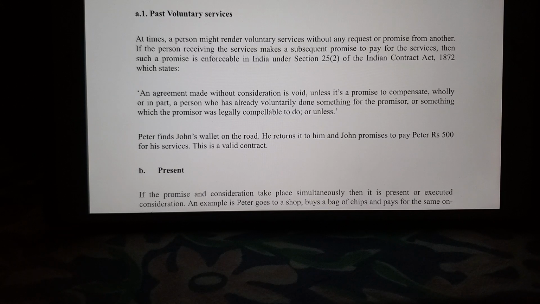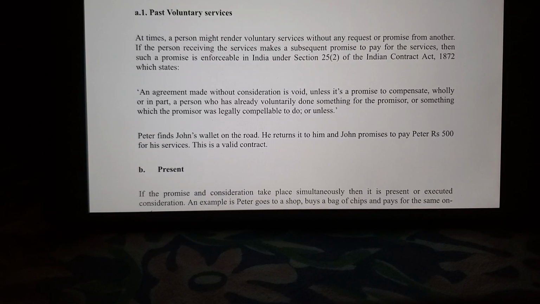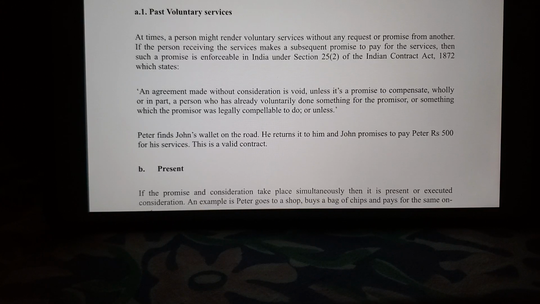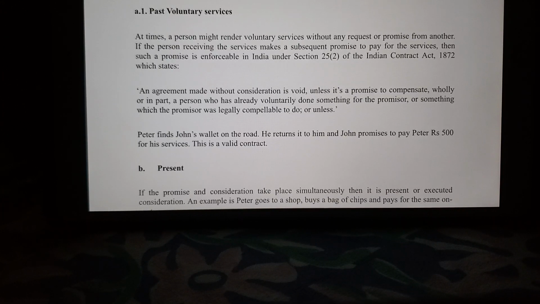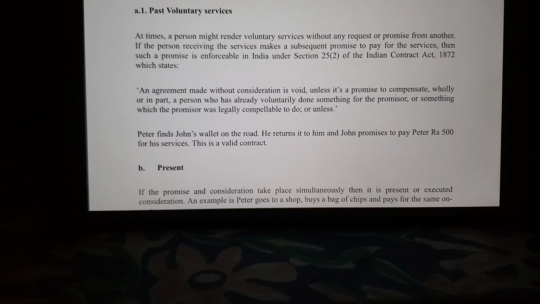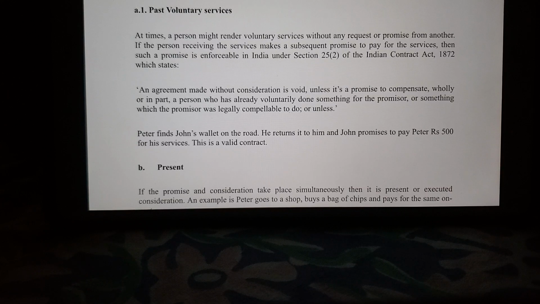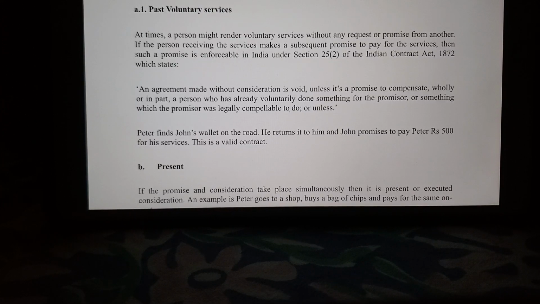If the person receiving the services makes a subsequent promise to pay for the services, then such a promise is enforceable in India under Section 25(2) of the Indian Contract Act 1872, which states, "An agreement made without consideration is void unless it's a promise to compensate, wholly or in part, a person who has already voluntarily done something for the promisor or something which the promisor was legally compellable to do, or unless."